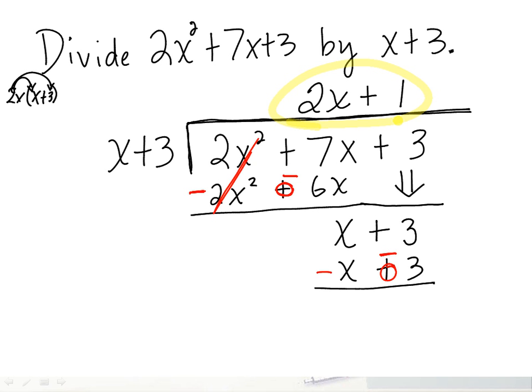Alright. Let's do another one. Let's divide 3x squared minus 10x minus 4.